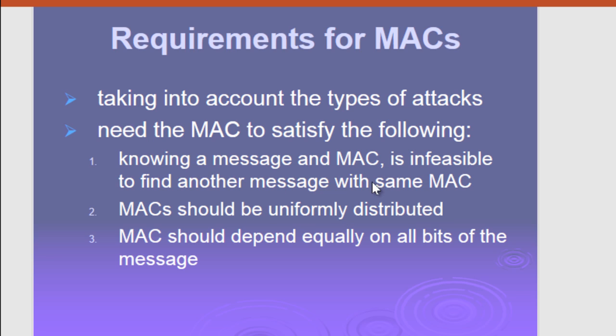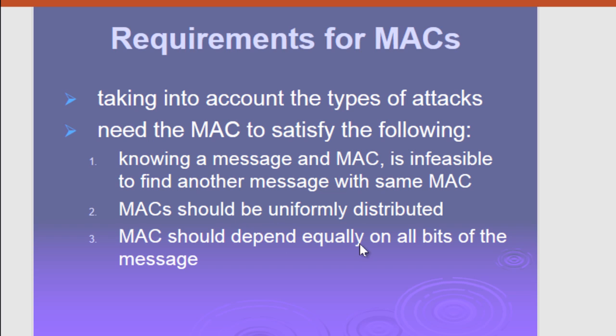You know a MAC value and also a message, but by knowing these two values, you cannot find another message for which you would calculate the same MAC. That type of complexity is needed for a MAC.